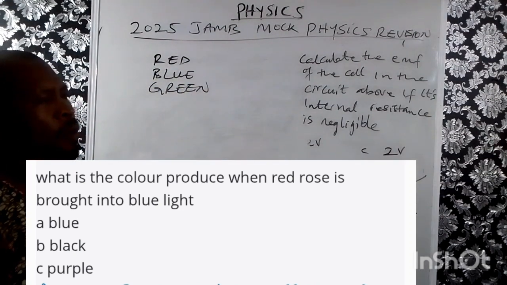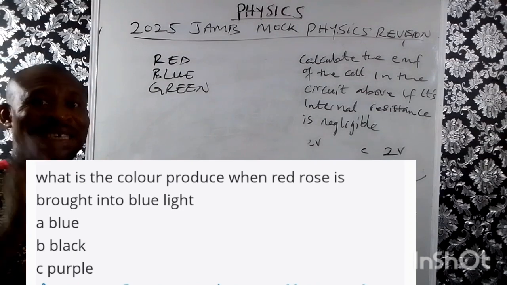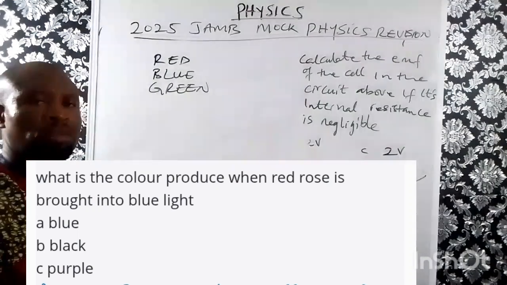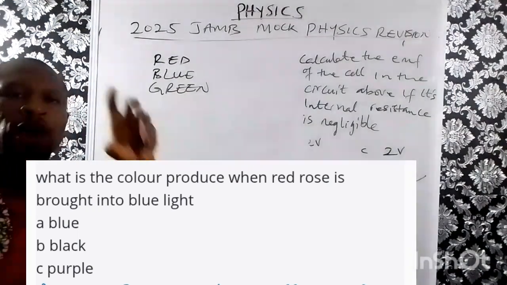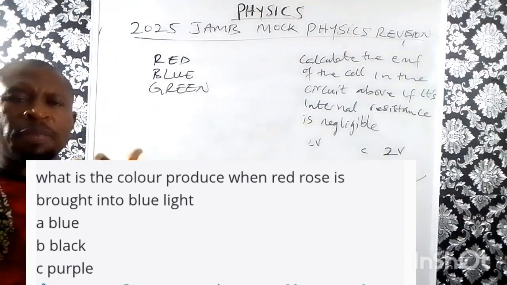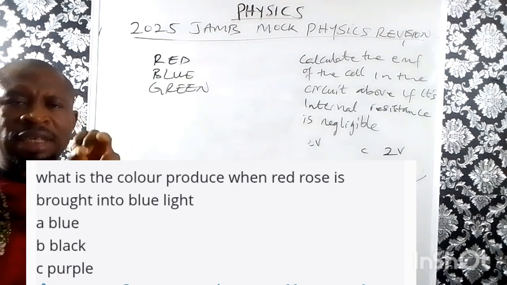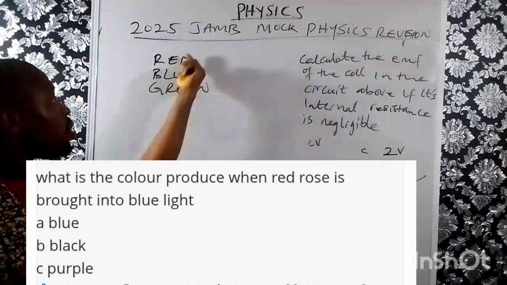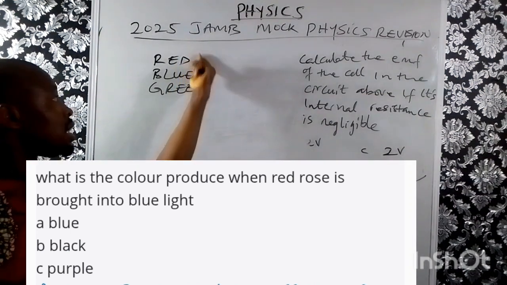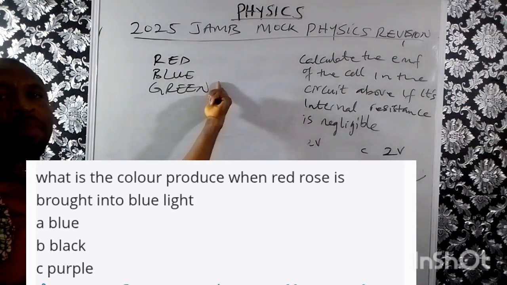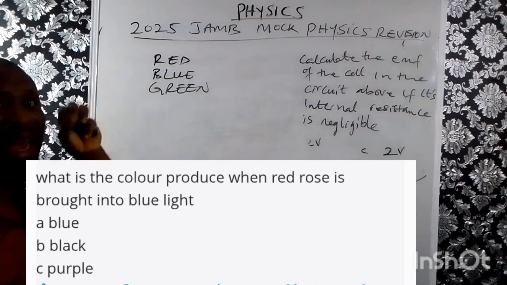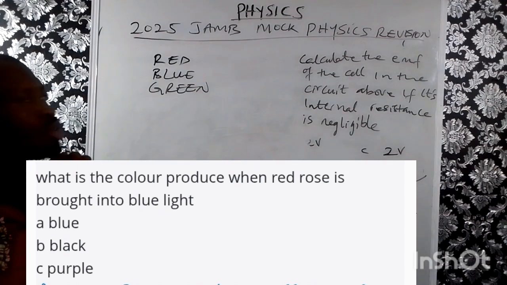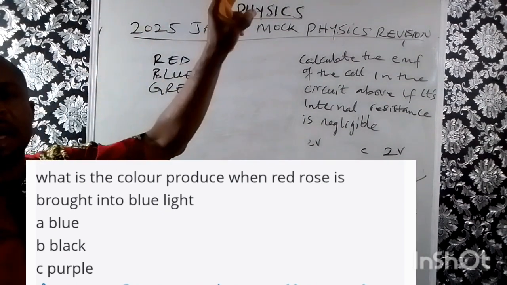Now, the color of an object is highly dependent on the light falling on it. Simple. And then, that is one. Secondly, it is dependent on the color that it is reflecting and the color it is absorbing. Ordinarily, a red rose has these 3 colors in it. But because of white light shining on it, these 2 are absorbed while red is reflected.